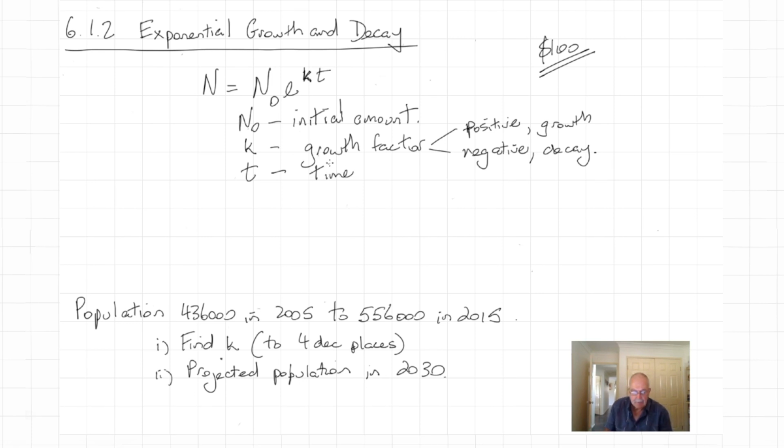And T equals 0 is when you start doing your observation, the starting point. And N is the amount present at any given time T.